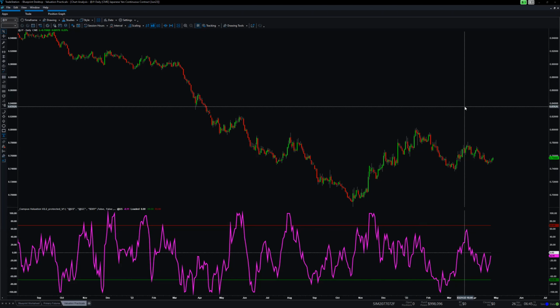As a rule of thumb, you can say that the more weight the US dollar has and the more impact the US dollar has on a certain currency, the better this tool is going to work, generally speaking. So for most majors, this tool is going to work pretty well.